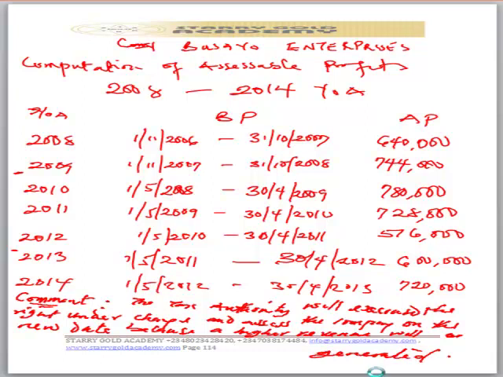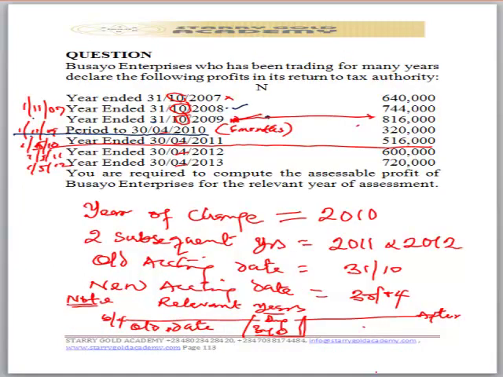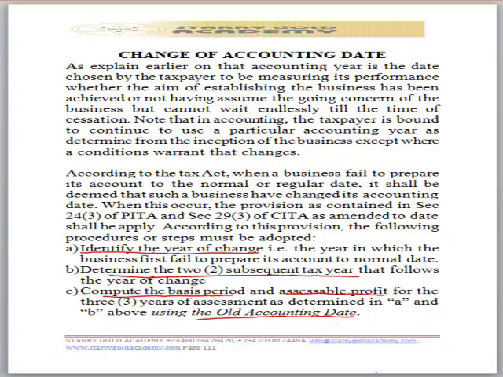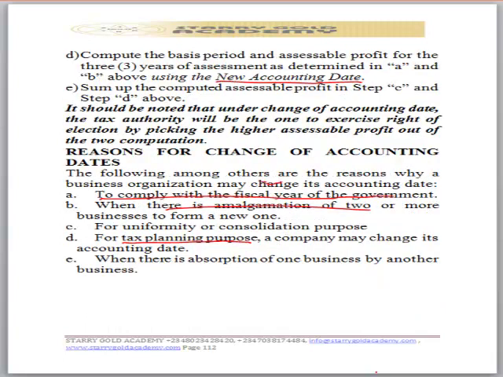So if you're going to deal with the change in accounting date, you still have to follow the principle. Once you identify the year of change, pick 2 subsequent years immediately after that, then compute the accessible profit using the old accounting date, and compute the accessible profit using the 2 new accounting dates too for all the 3 years identified. Then by the time you are done with that, you add up all the 3 years like we did.